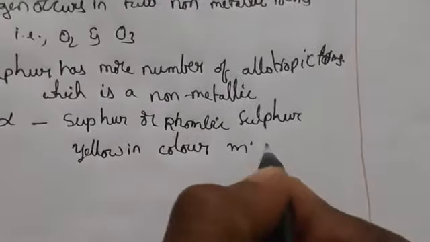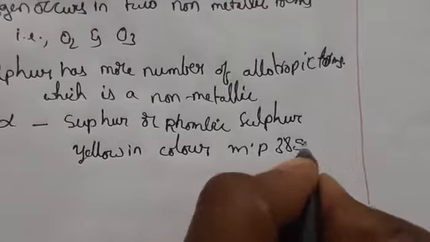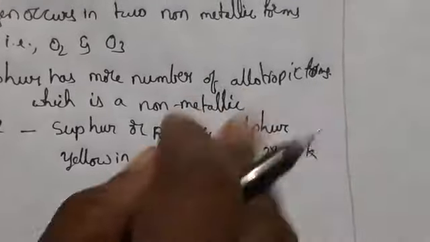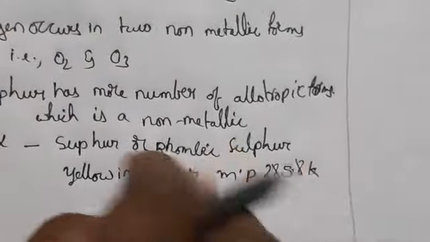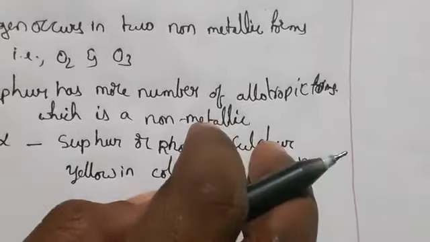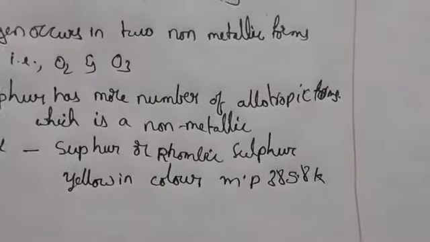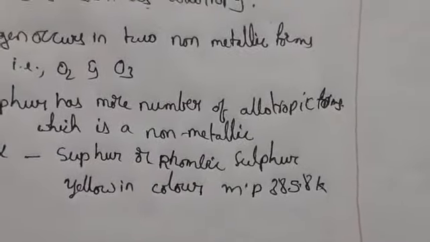It has a melting point of 385.8 Kelvin and a specific gravity of 2.06. The rhombic sulphur crystals are obtained by evaporating a solution in CS2.